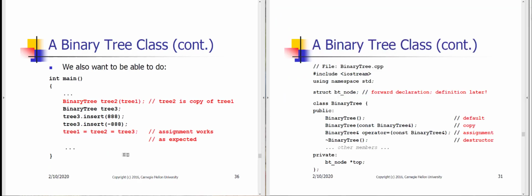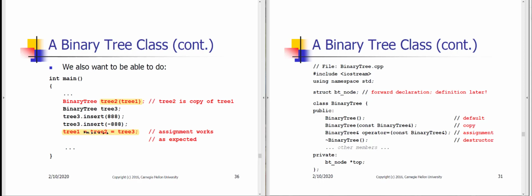Now, we are also going to want to be able to make a copy of an existing tree into a new tree. This is going to call our copy constructor here. Tree2 is a binary tree object initialized as a copy of tree1. And we're going to want to be able to assign one tree to another.